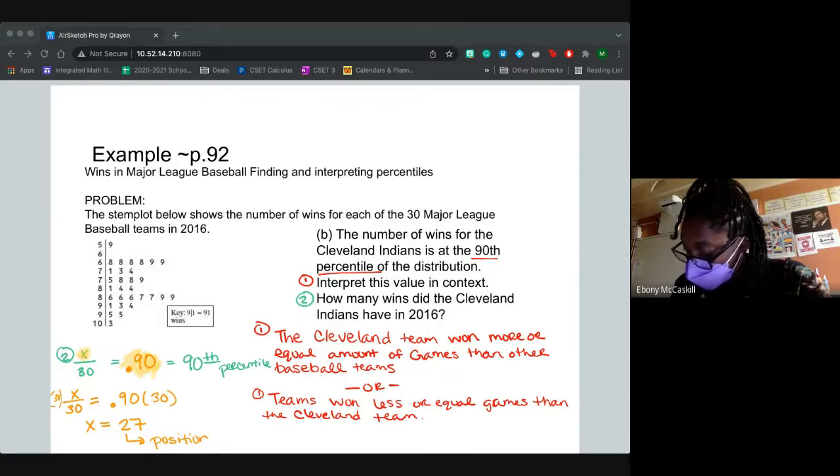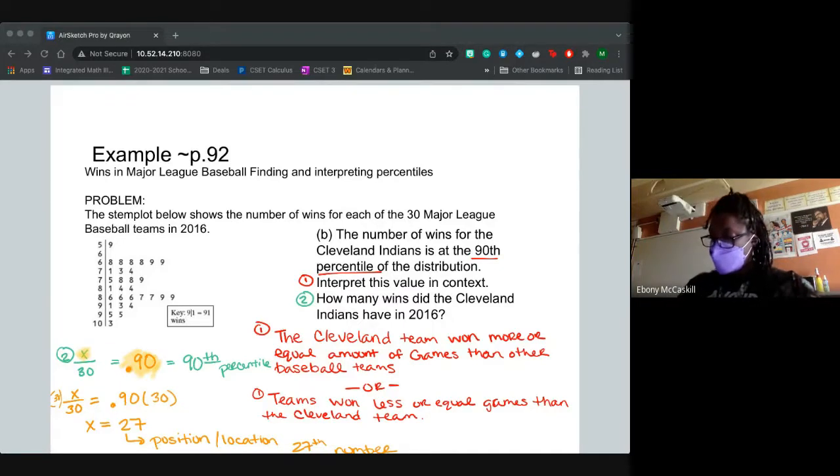This is not the number. So that means that it is the 27th number. It means that it is greater than or equal to 27 of the numbers.